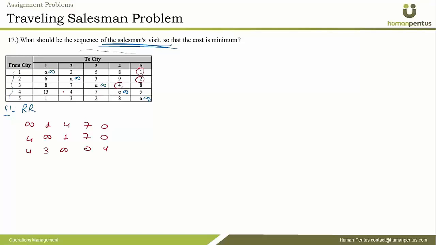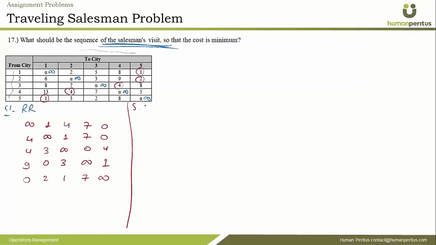Minimum value here is 4, which gives 9, 0, 3, infinity, 1. Minimum value here is 1, so 0, 2, 1, 7, infinity. This is our row reduction.